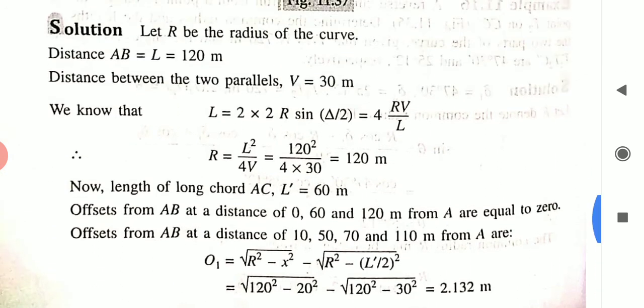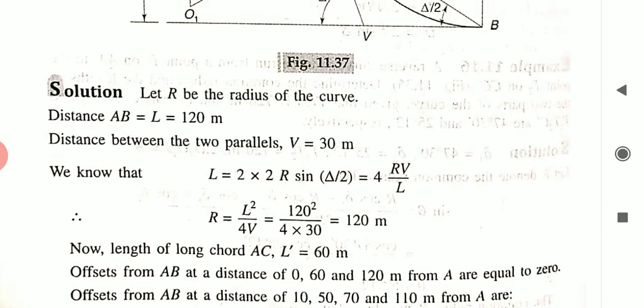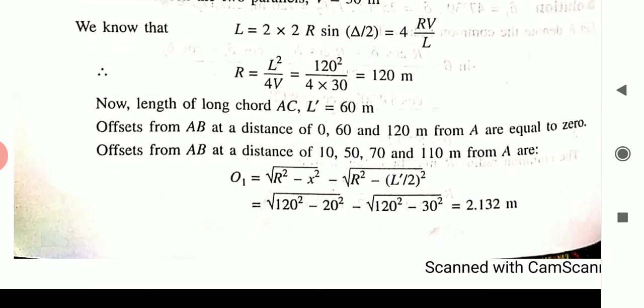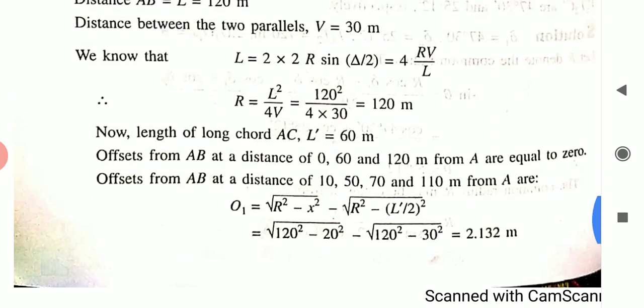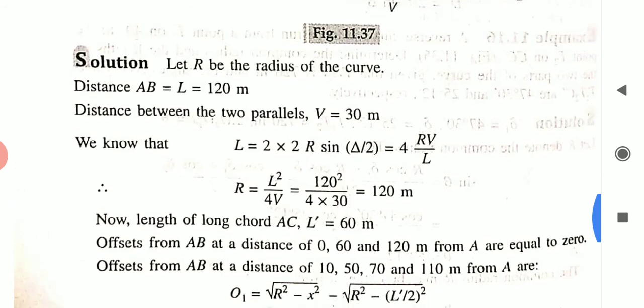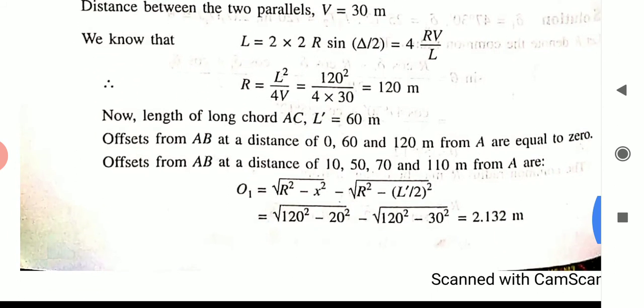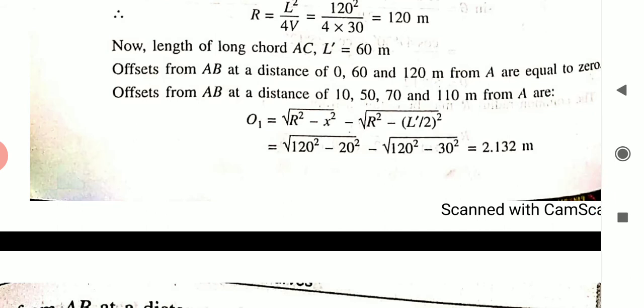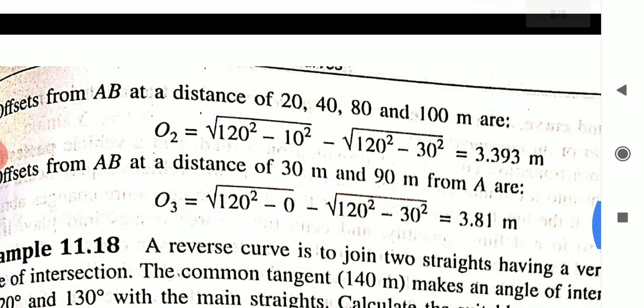Then by using offset O1 we will get, so the O1 formula we already know, square root of R square minus X square minus square root of R square minus L dash, where 120 is already mentioned as the parallel straight distance. By using O1, O2, O3 we will get the offsets.